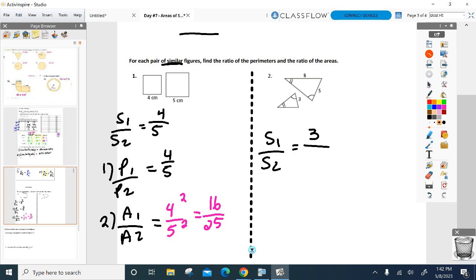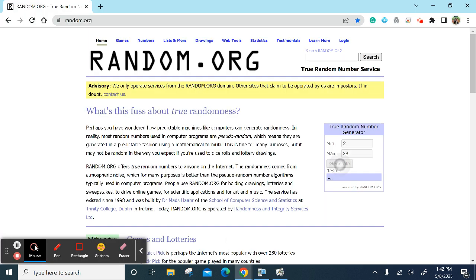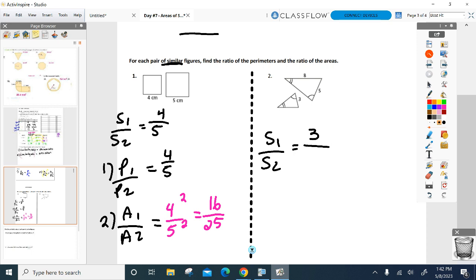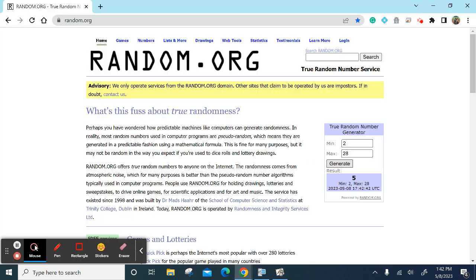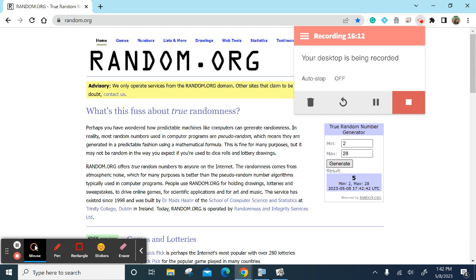If you're concerned, put the congruent angles on top of each other visually. And what would the 3 be on? What does the 3 correspond with? 5. All right, let's go. 24.